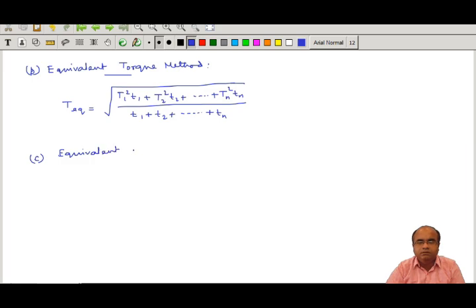Equivalent power method, when it is applied at constant speed operation.